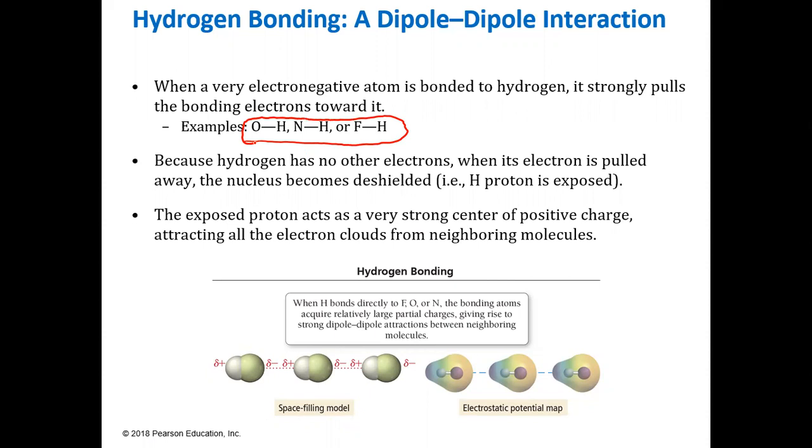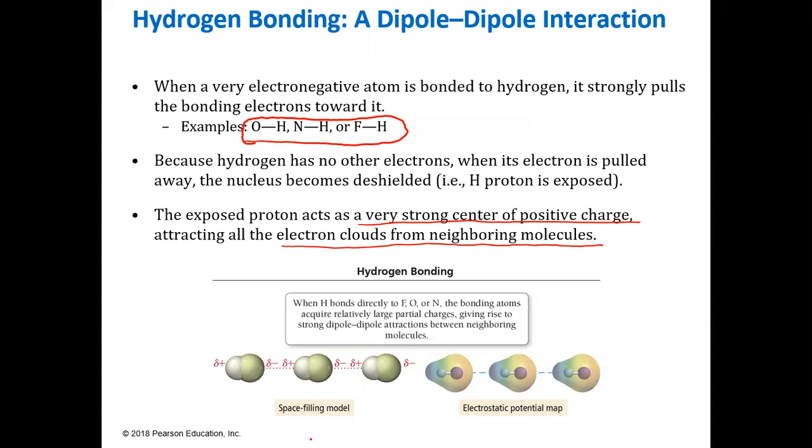Because hydrogen has no other electrons, when its electron is pulled away, the nucleus becomes de-shielded. In other words, it's like you have an exposed proton just hanging out. So that exposed proton acts as a very strong center of positive charge, attracting the electron clouds from neighboring molecules.